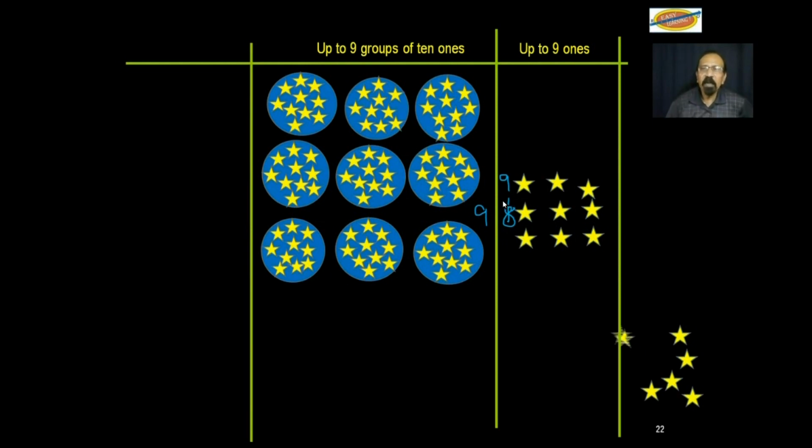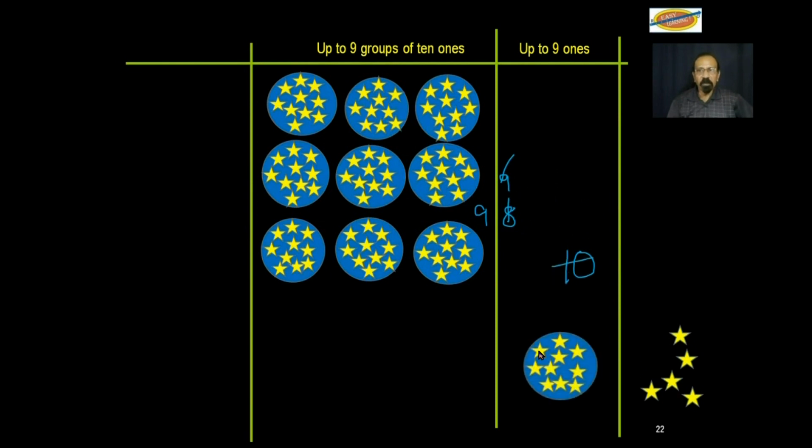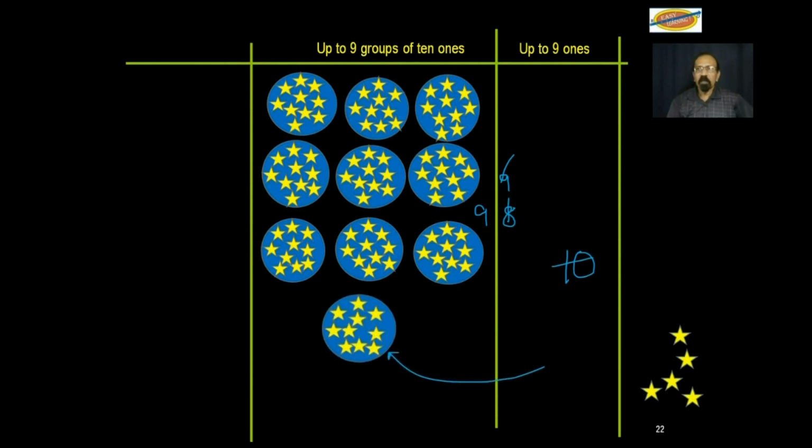If we add another one here, we have a problem because we cannot write 10 in this column. So as we did previously, we will take all of those 10 stars, put them in an individual group, and move them over on this side. But that creates a problem for us because while we now have no single star here, we now have 10.